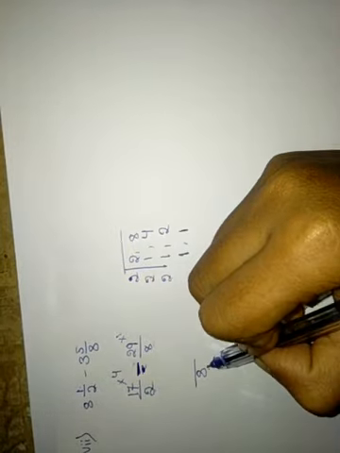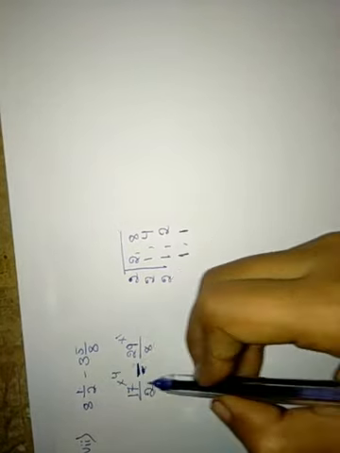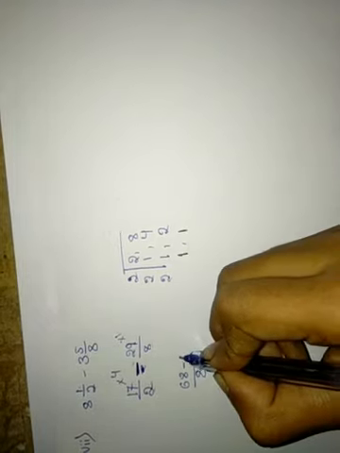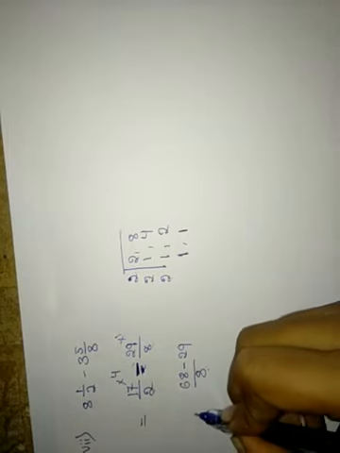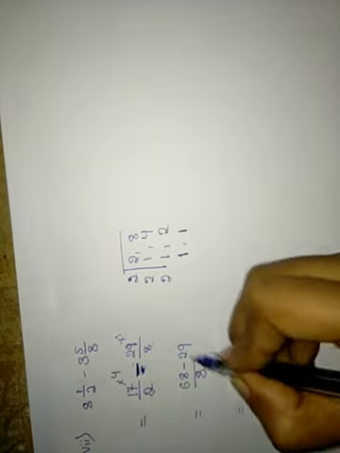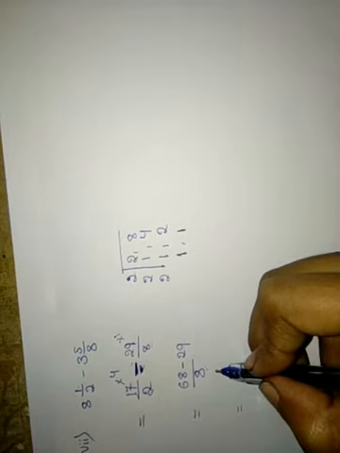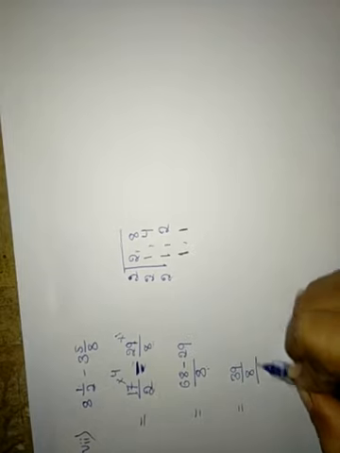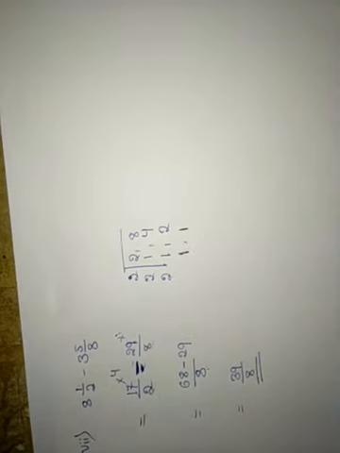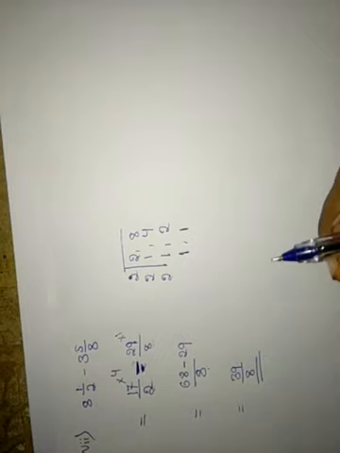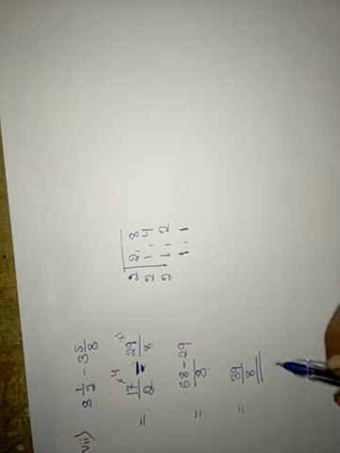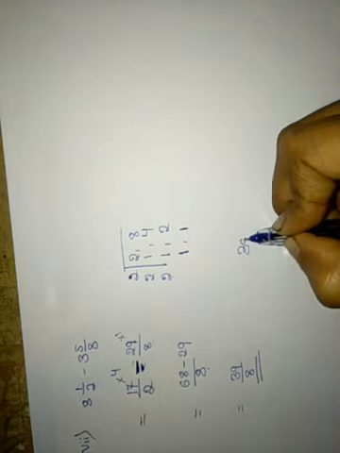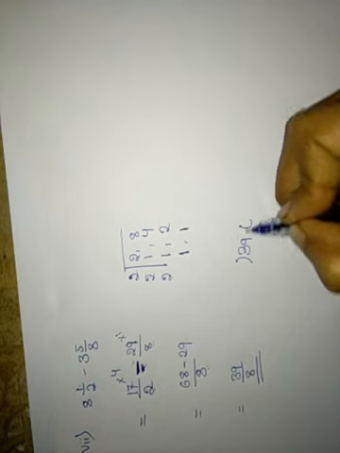8 1s are 8. 17 into 4 will get 68. Minus 29 1s are 29. 68 minus 29 will get the value 39 divided by 8. Yes, this is an improper fraction, or you can also convert that into a mixed fraction. To convert it into a mixed fraction, we'll divide 39 by 8 here.